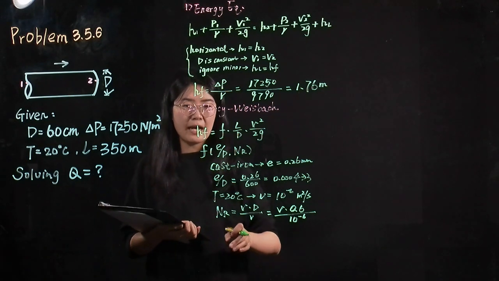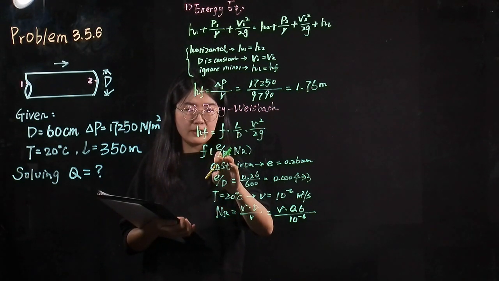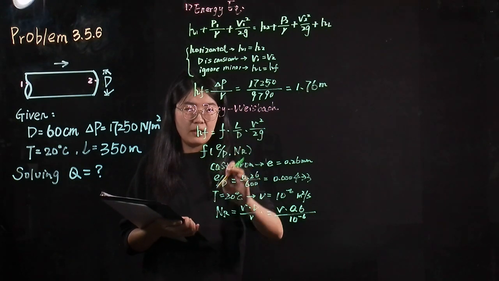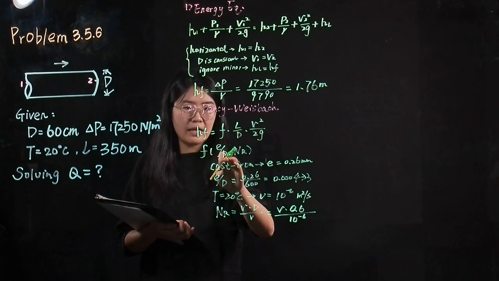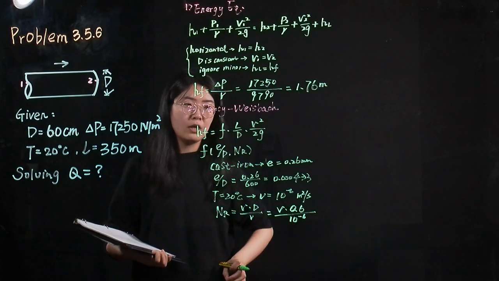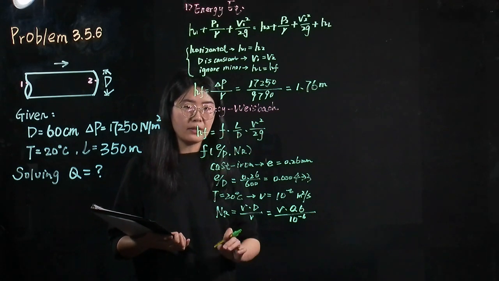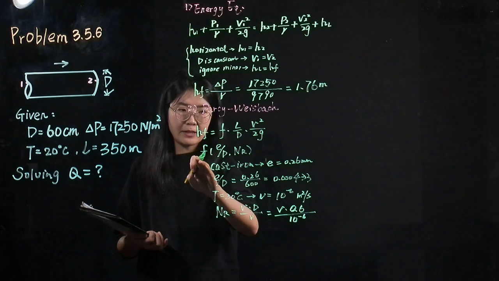So currently we have three parameters: the friction factor, the relative roughness, and the Reynolds number. Of these three parameters, we only know the relative roughness, so we cannot use a Moody diagram directly. But we can make an assumption for the friction factor.